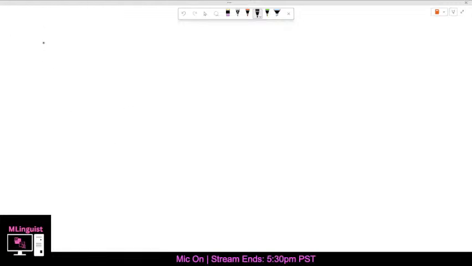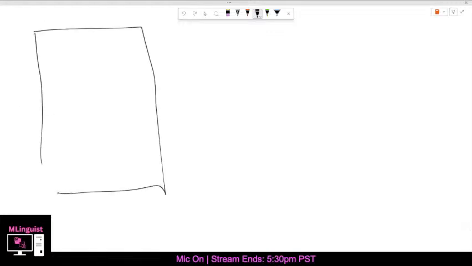So let's say you have this problem sheet, right? And let's say it's one of 2 pages. Usually, if it's one of 2 pages, the first page will have information on it, right?